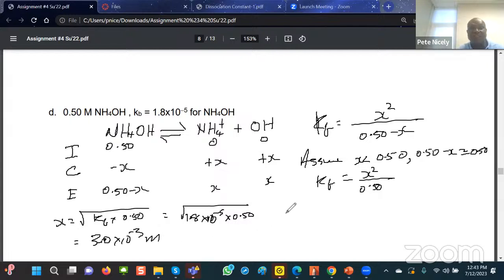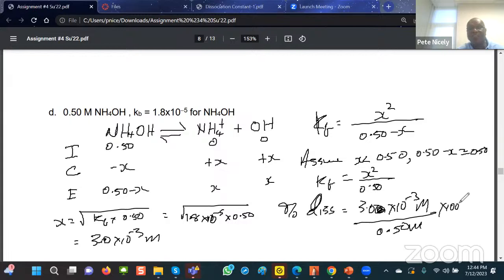Again, we do the percent dissociation. That would be equal to 3.0 times 10 to the minus 3 M divided by 0.50 times 100%.